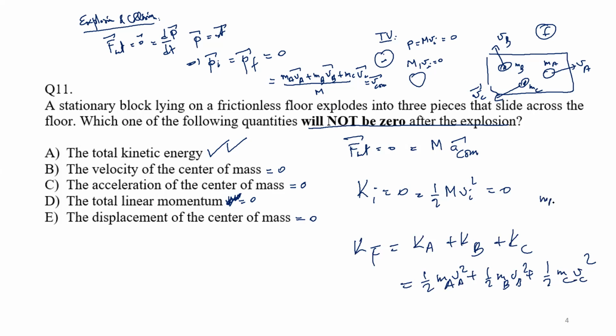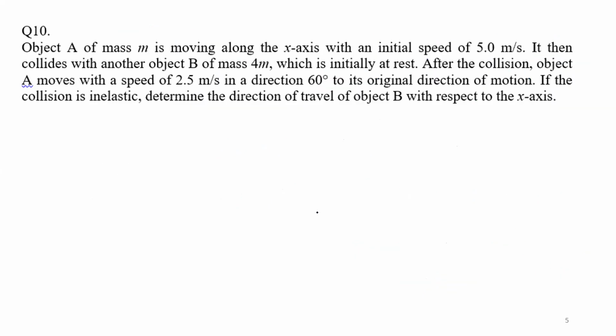And of course, m_a plus m_b plus m_c is equal to total mass initial, because there is no loss in mass. So this is the correct answer here. The rest is equal to 0 because of conservation of linear momentum before and after the explosion.